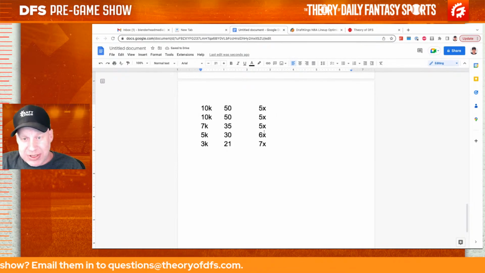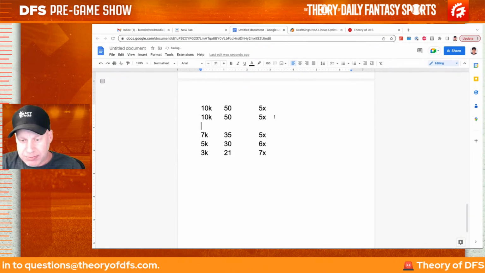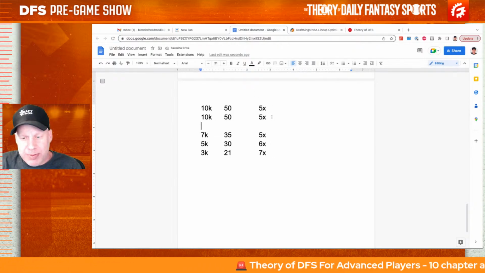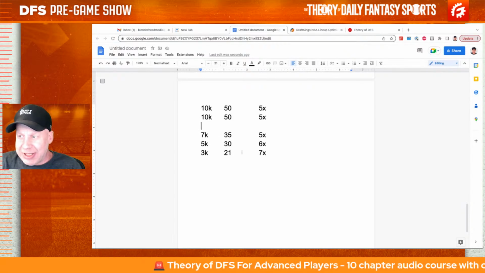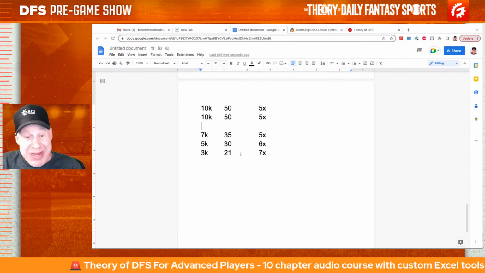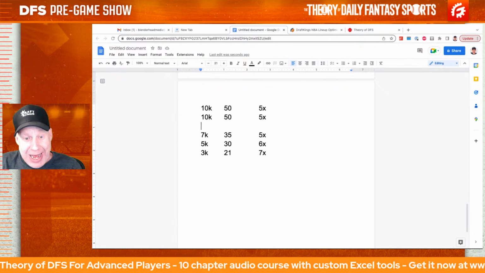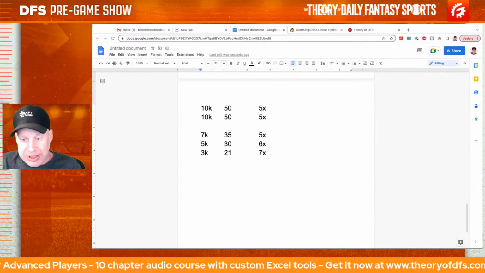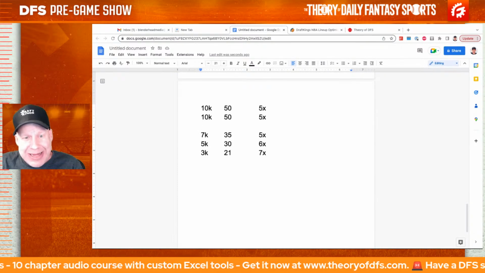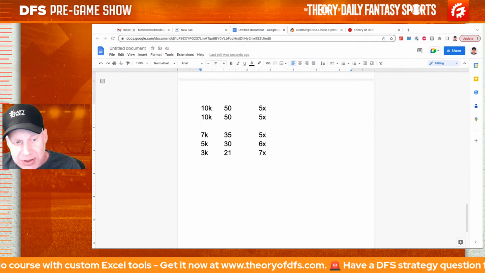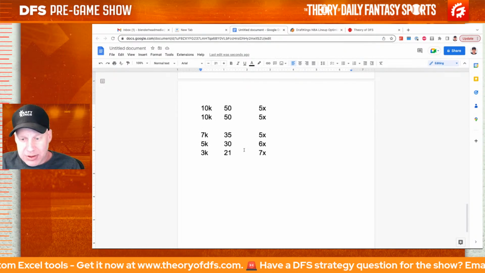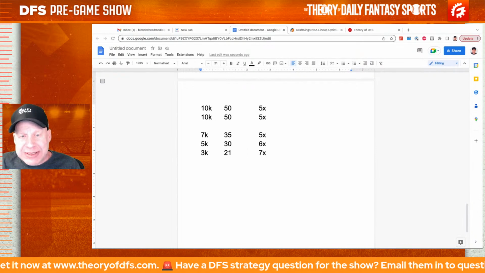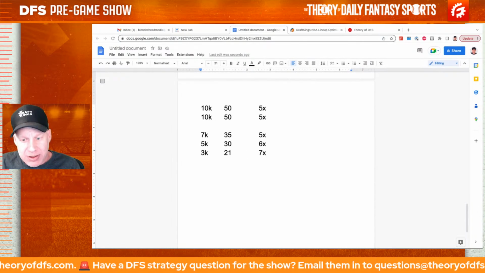This last one is the point per dollar column. So if you just sorted by point per dollar, you'd find a lot of cheap people that, from a mean perspective, give you more bang for the buck, but it's still not that many raw points. So that's why we need to adjust for salary.